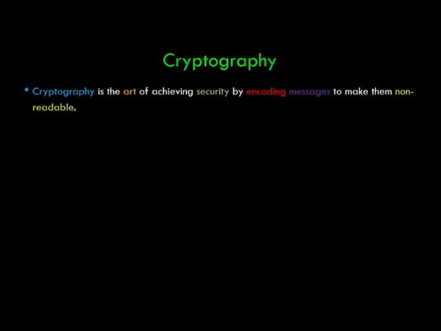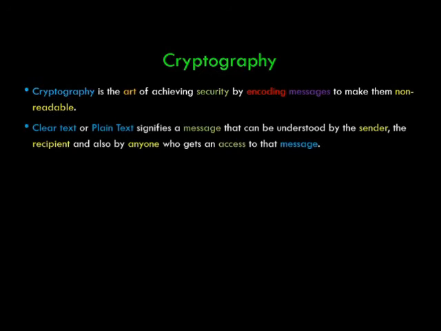Now we have to understand some definition points of what cryptography is, where it is defined as the art of achieving security by encrypting messages. Plain text, or clear text, signifies a message that can be understood, and it will be further converted with the help of some techniques.